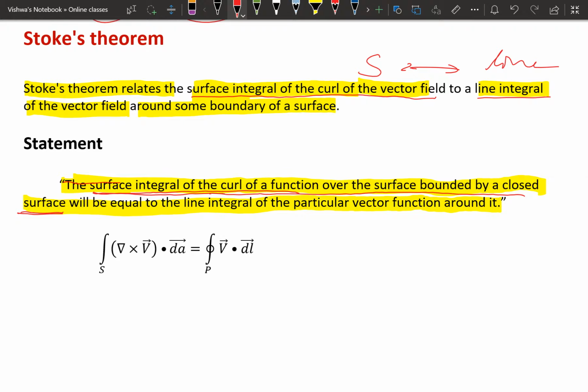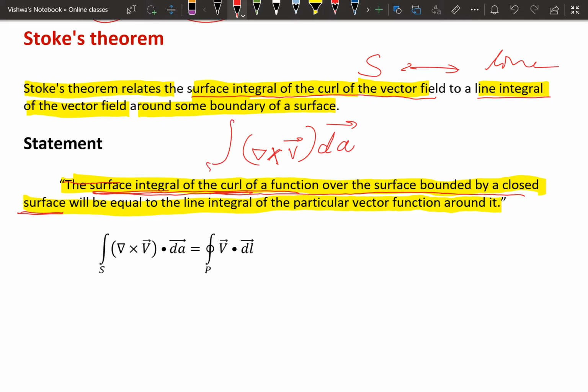If it is curl, then we can write it as del cross the vector field V. It is a surface integral, so with respect to dA.